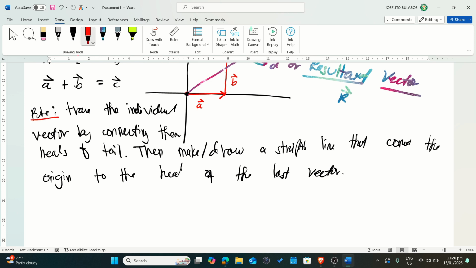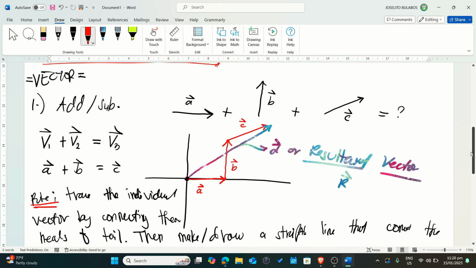This is the rule for tracing the sum of the vectors.